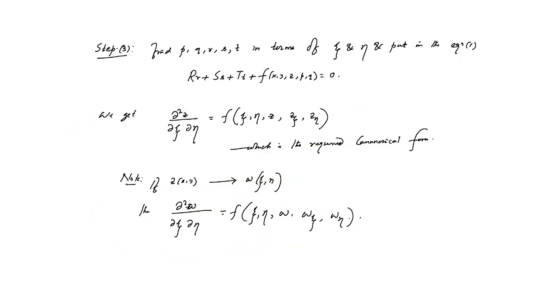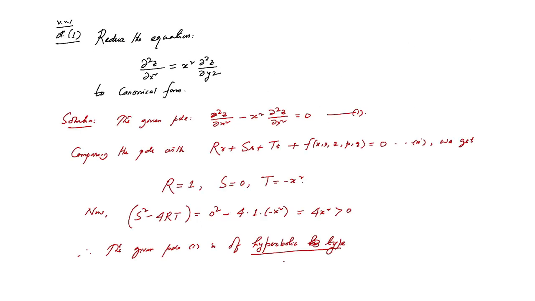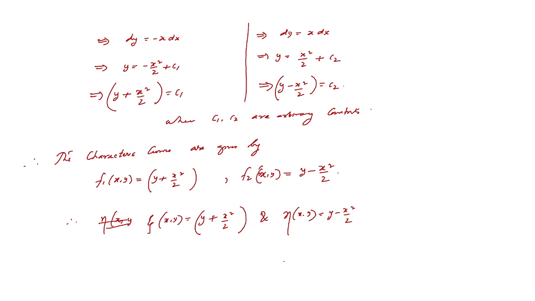You will see here, the characteristics are xi and eta. So xi equals f1(x,y) and eta equals f2(x,y). Okay, so this is basically our characteristic curve.